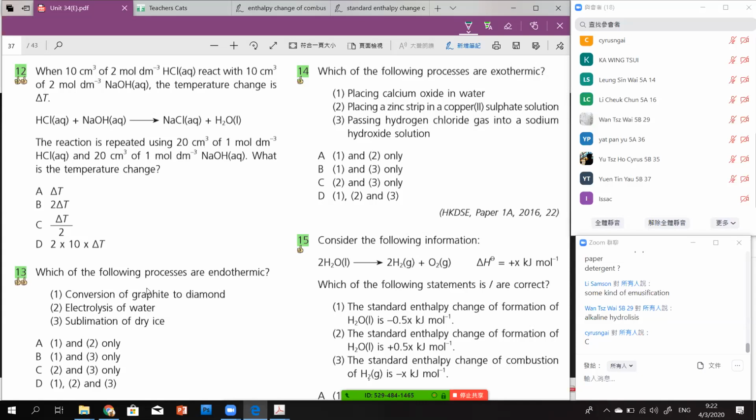What is the temperature change? Some of you say C. Why?